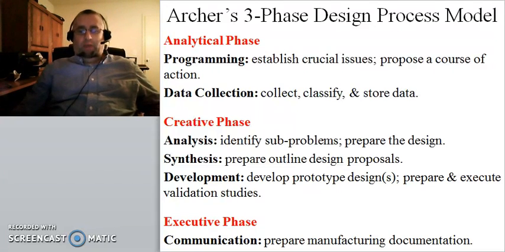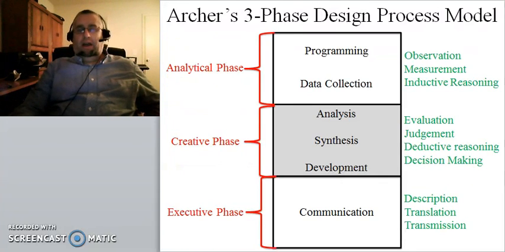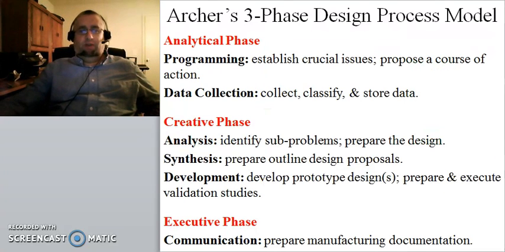So if I go back one slide, there we go, we saw this structure of Archer's three-phase design process model, and I described briefly what each of these activities represents, but the purpose of this slide is to put a little more detail into those descriptions. So in the analytical phase, there's two stages: programming and data collection.